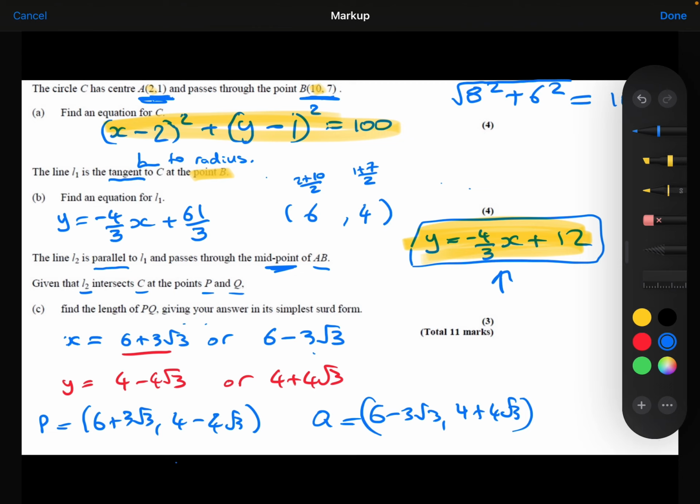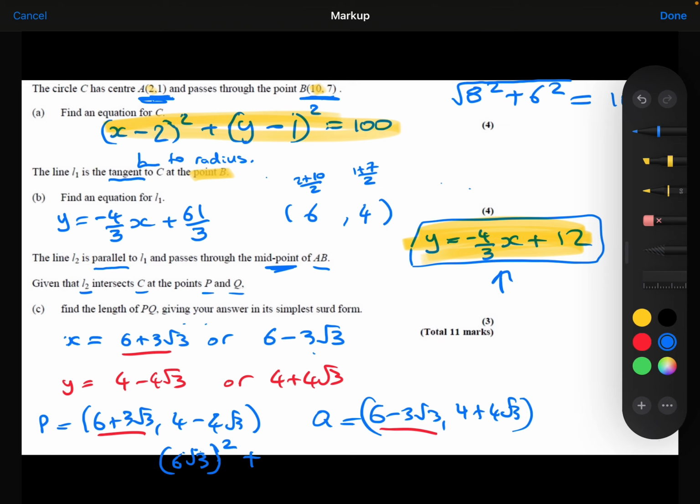We can now work out the length between them by doing some Pythagoras, by working out the change in the x coordinates. So this take away this, all squared. So when we take those away, the 6 plus 3 root 3 minus the 6 minus 3 root 3 will give 6 root 3, which we will square, because we're doing Pythagoras here.